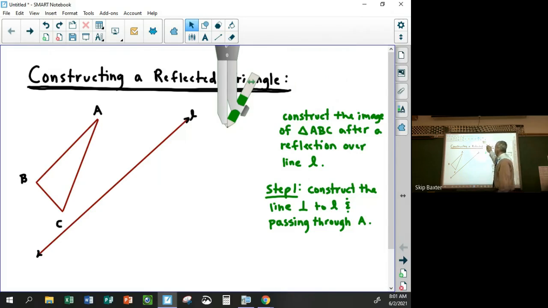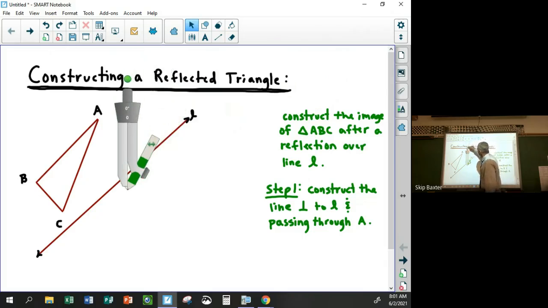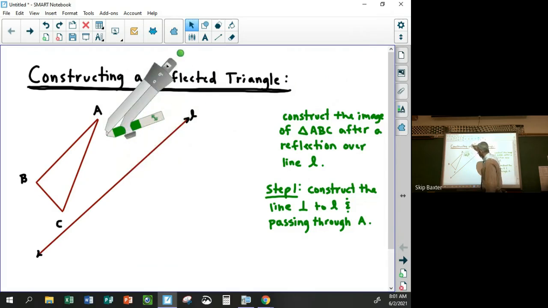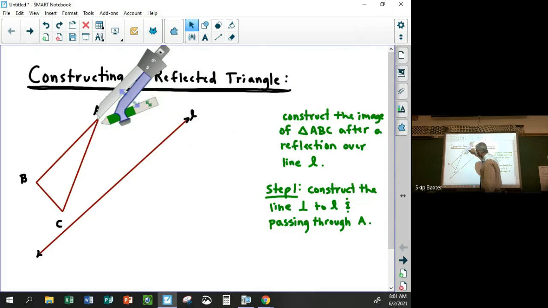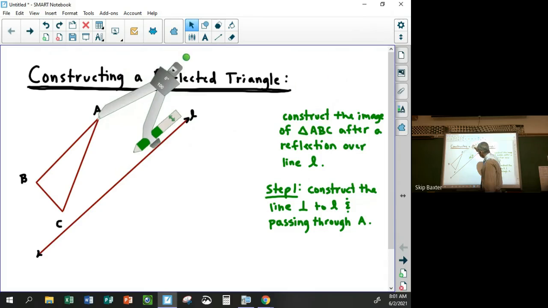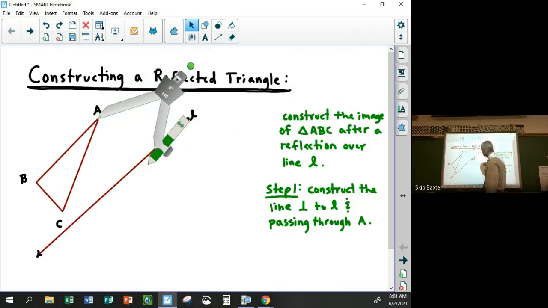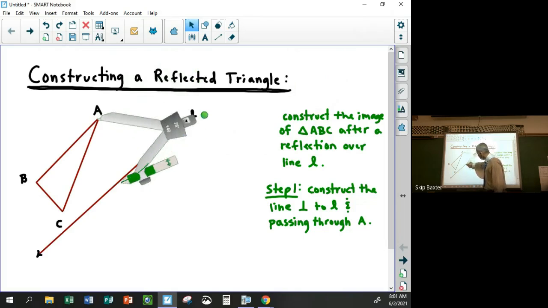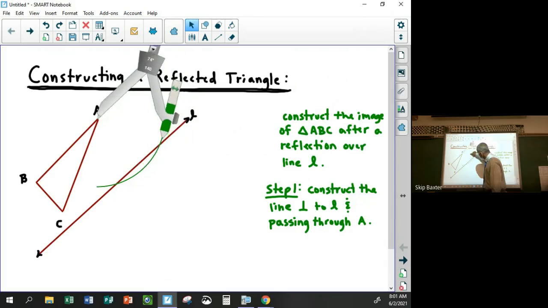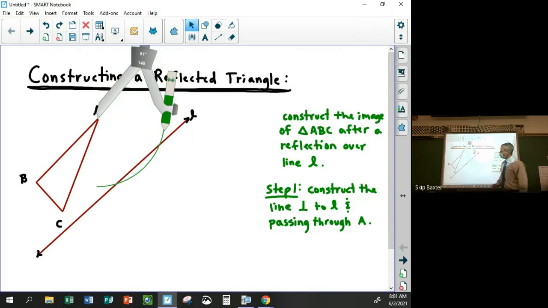The way to do that is to put the point of your compass at A and open your compass wide enough so that it intersects L twice. You have to go past line L and make sure it goes through it twice. So I'm going to make an arc like this that intersects L twice.